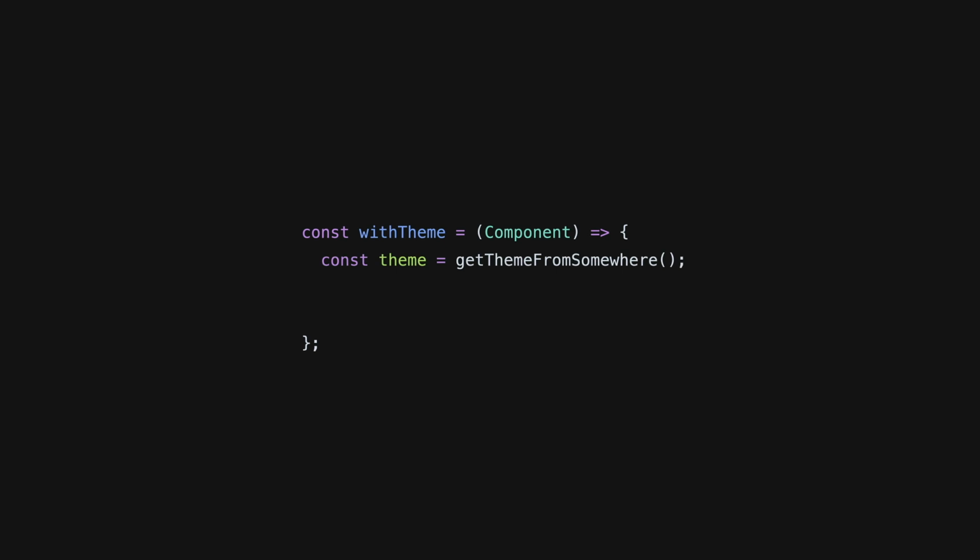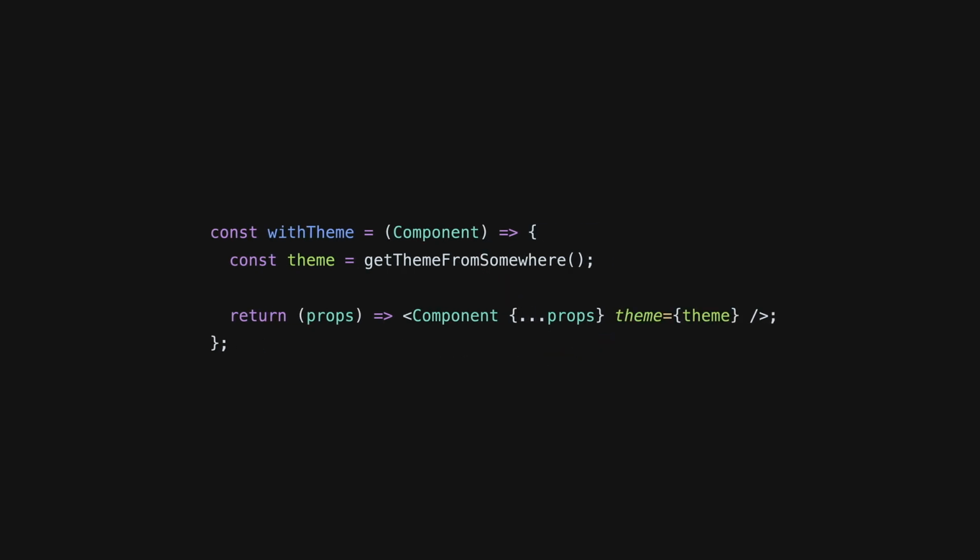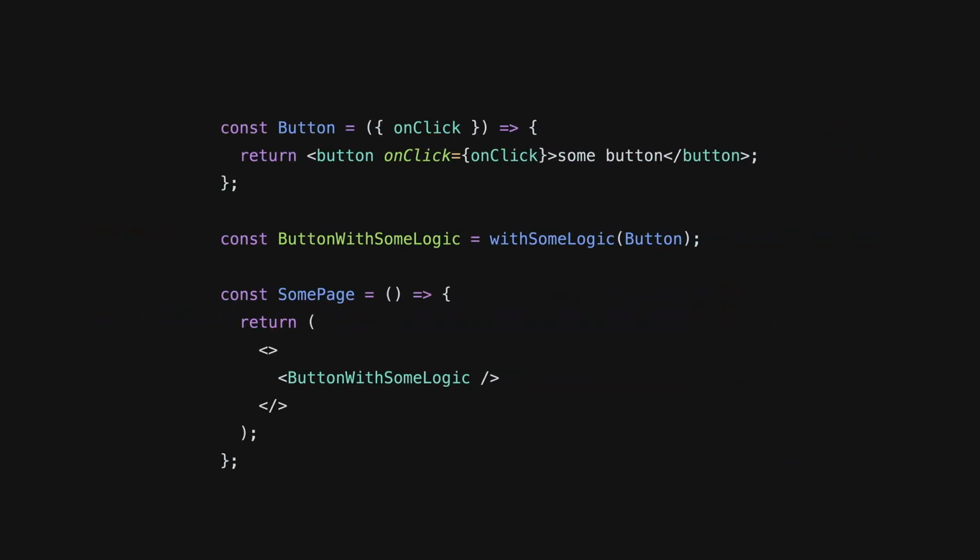Inside, we will access that theme value from somewhere like local storage. Then we would return a new component. This component will render the component we passed as argument. And in addition, we'll also pass our theme value there. Now any component wrapped in this function will have access to that theme prop.